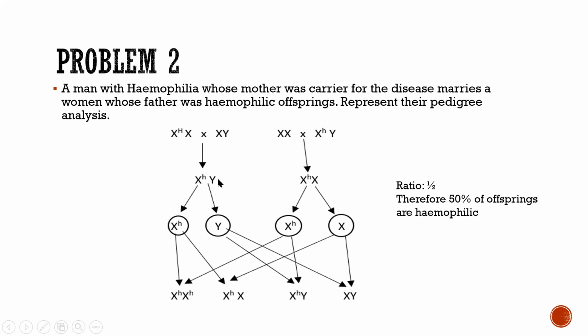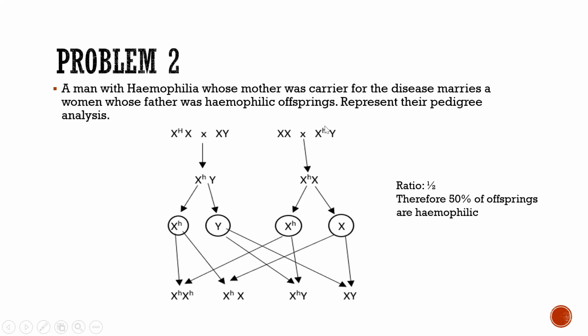So this is a male who is hemophilic, with an X chromosome carrying the mutant gene, and he marries a woman. We don't know what type of woman she is, but they have indicated that her father was hemophilic. So this is the father's genotype, and his X chromosome is carrying the mutant gene.